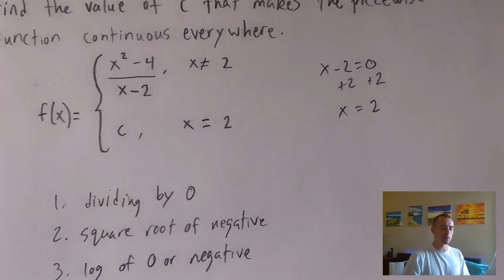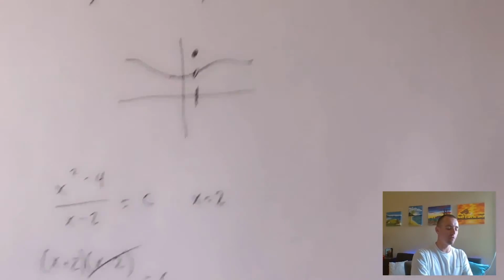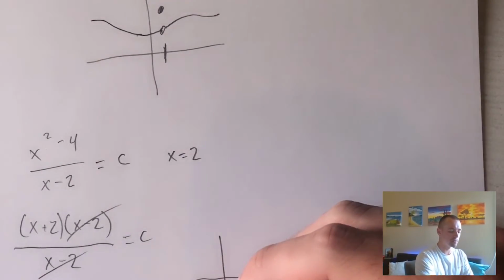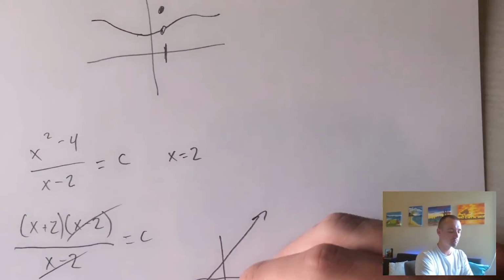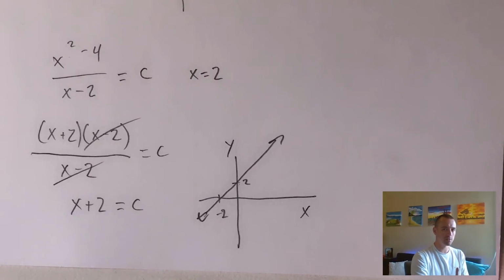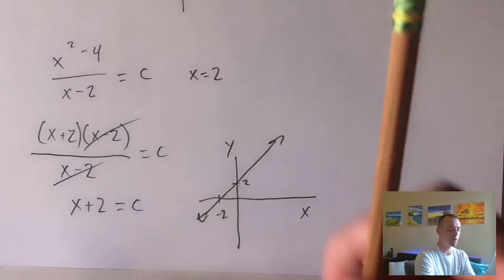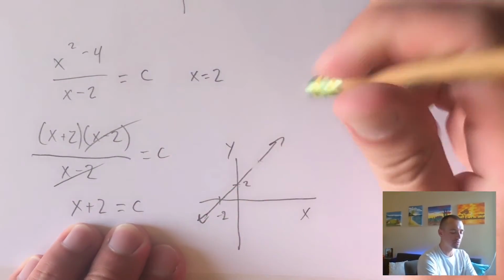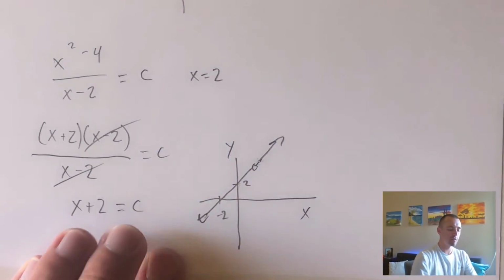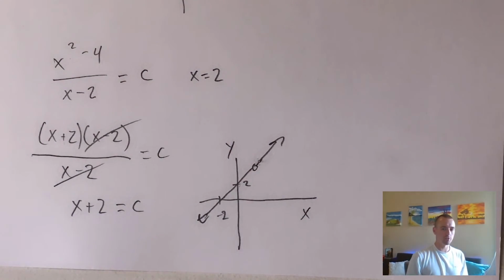So basically what that looks like on a graph is the function that we started with looks exactly like this linear function x plus 2, which looks something like this, except for one key difference: there's going to be a hole where x equals 2. So right here, there's actually a hole in our line. Other than that though, it's exactly the same as that linear function.